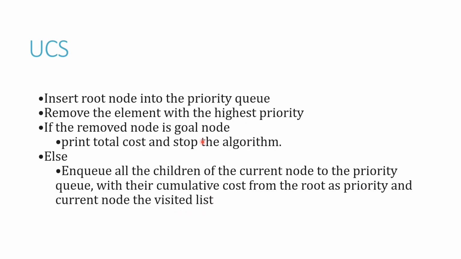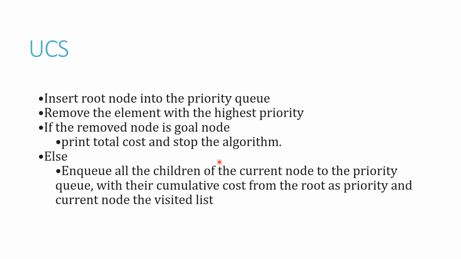This is the procedure, or algorithm, to be followed to solve the problem with the uniform cost search method. First insert the root node, then remove the root node from the priority queue, keep it in the visited list, and check whether it is the goal node or not.